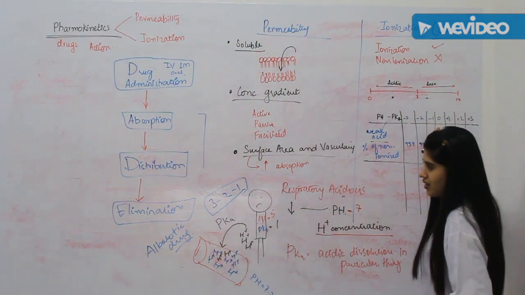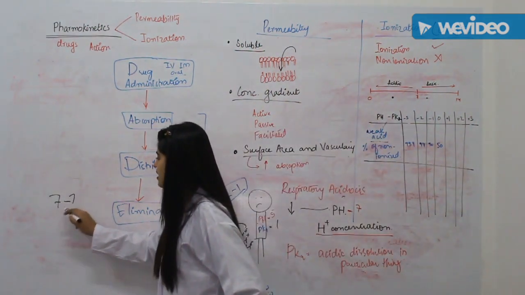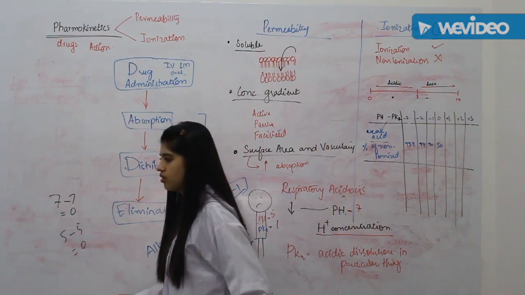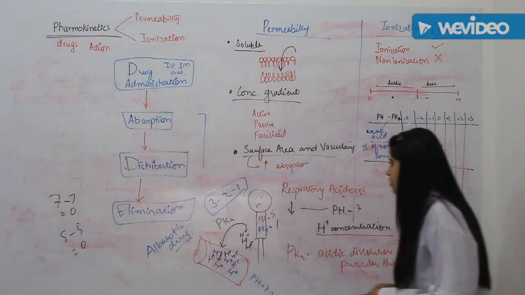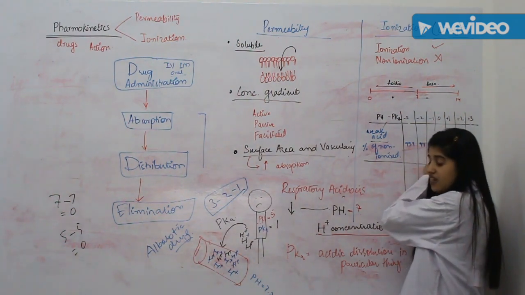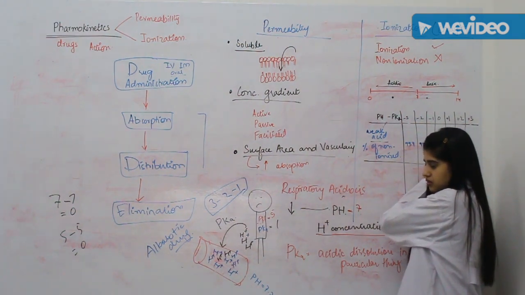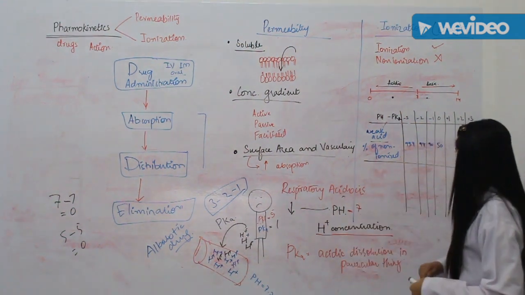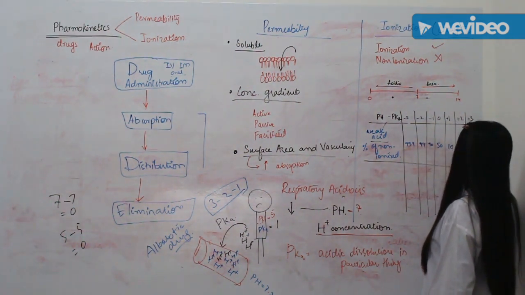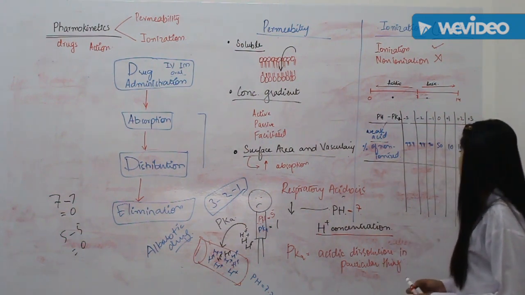For example, we get 7 - 7 = 0, or 5 - 5 = 0. So it feels like the drug is 50% ionized and 50% non-ionized. After that, in this condition we can say 10, in this condition we can say 1, and in this condition we can say 0.1.